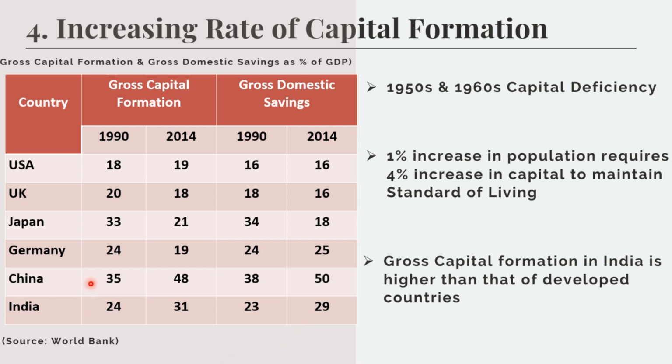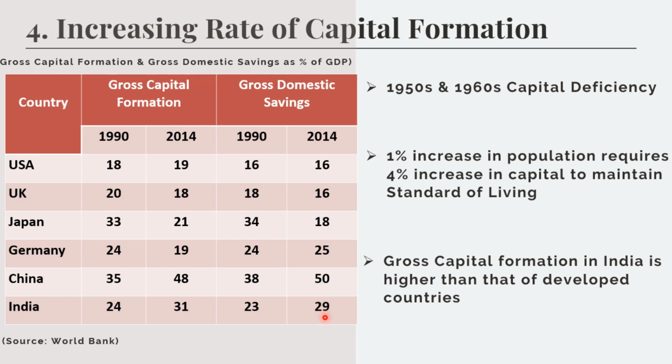China's gross capital formation and gross domestic saving is higher than that of the Indian economy. Here we can see the statistical data of China's capital formation and gross domestic saving. China's proportion of saving is 50%, and at the same time India's proportion of saving is just 30%.